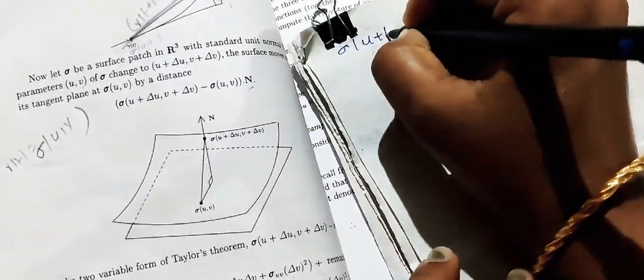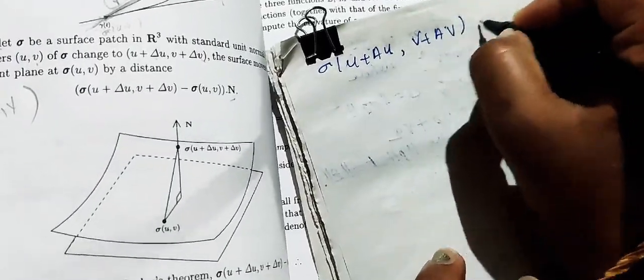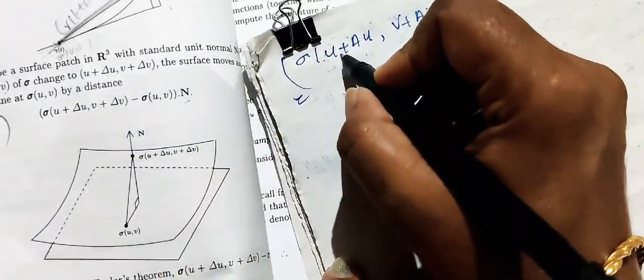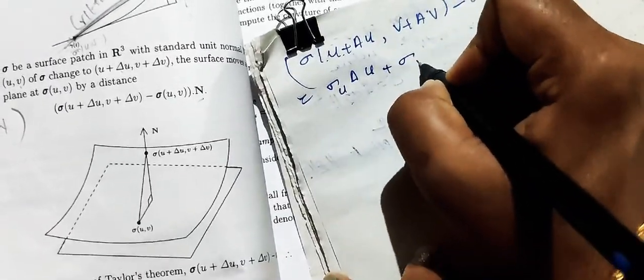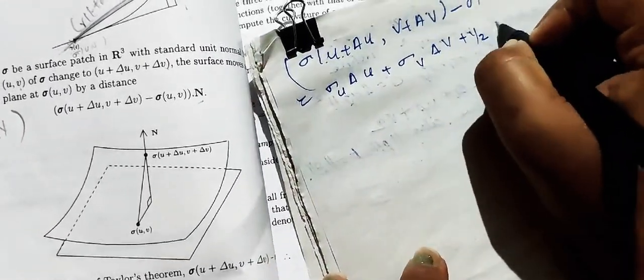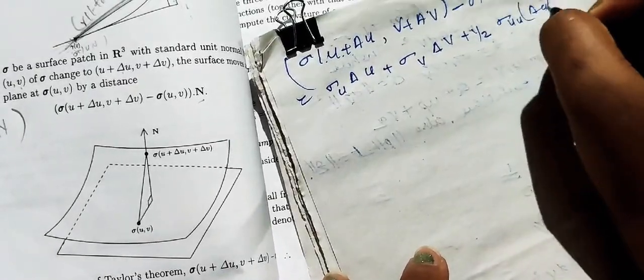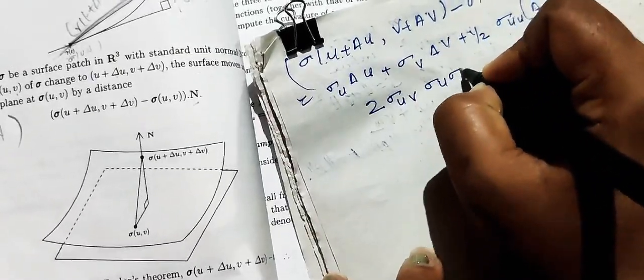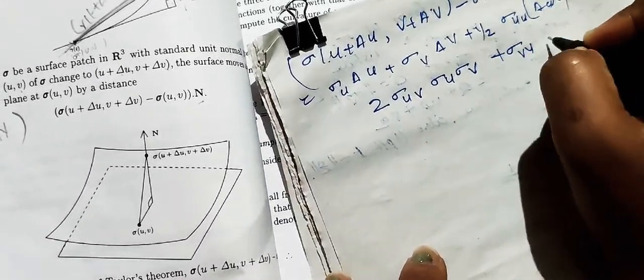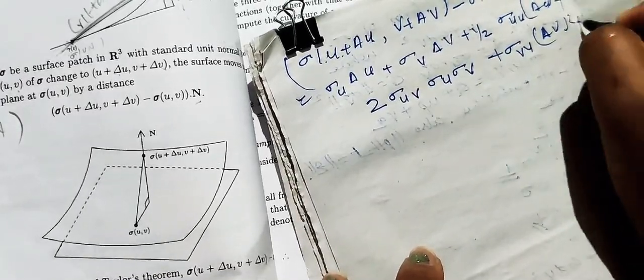So this one, sigma of (u plus delta u, v plus delta v) minus sigma of (u, v), dot N, is equal to sigma u delta u plus sigma v delta v plus 1 by 2 into (sigma uu delta u square plus 2 sigma uv delta u delta v plus sigma vv delta v whole square) plus remainder.